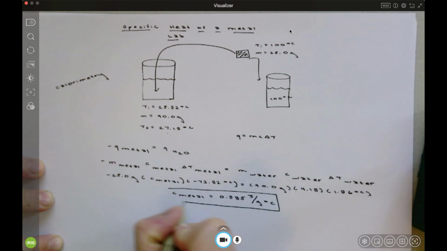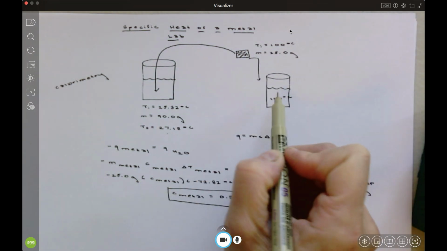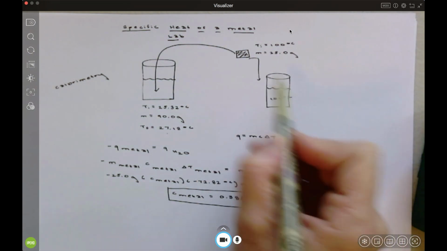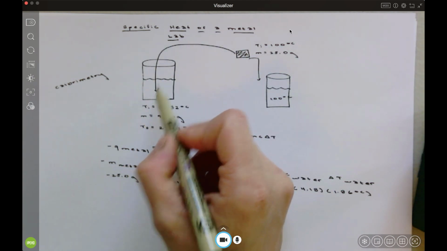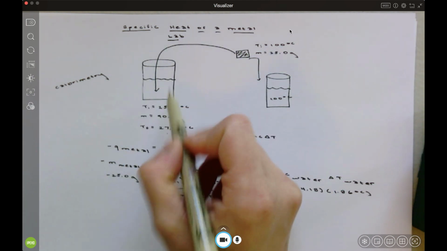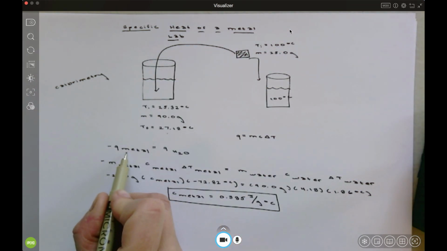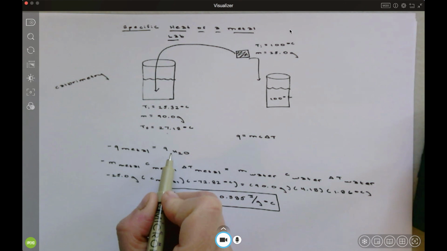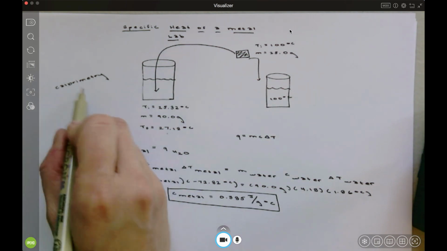So to recap, in calorimetry, you're going to take a hot piece of metal that's at 100 degrees because it's going to be from boiling water, and you're going to transfer it into a calorimeter. This is a calorimeter. It's just a styrofoam cup with water in it. That metal is going to release heat, and all of that heat is going to be absorbed by water. And this is the formula that is the crux of your calorimetry lab.